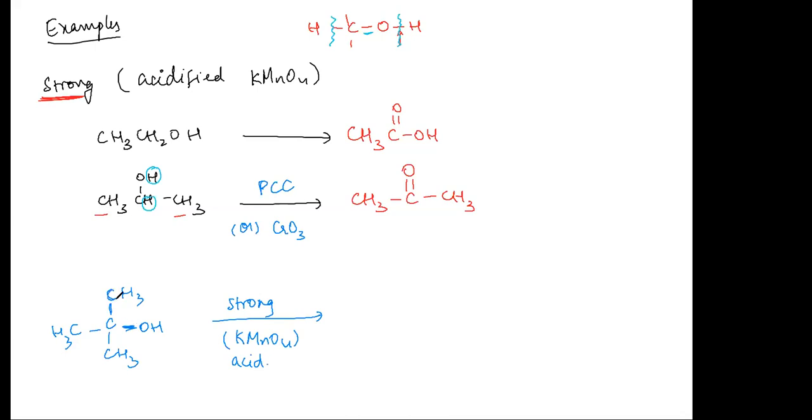Because all the valencies of carbon have been satisfied. So what happens in this case is there is cleavage of the C-C bond, and you will get lesser carboxylic acids. So you may get CH3COOH or HCOOH or CH3CH2COOH, basically one or more.